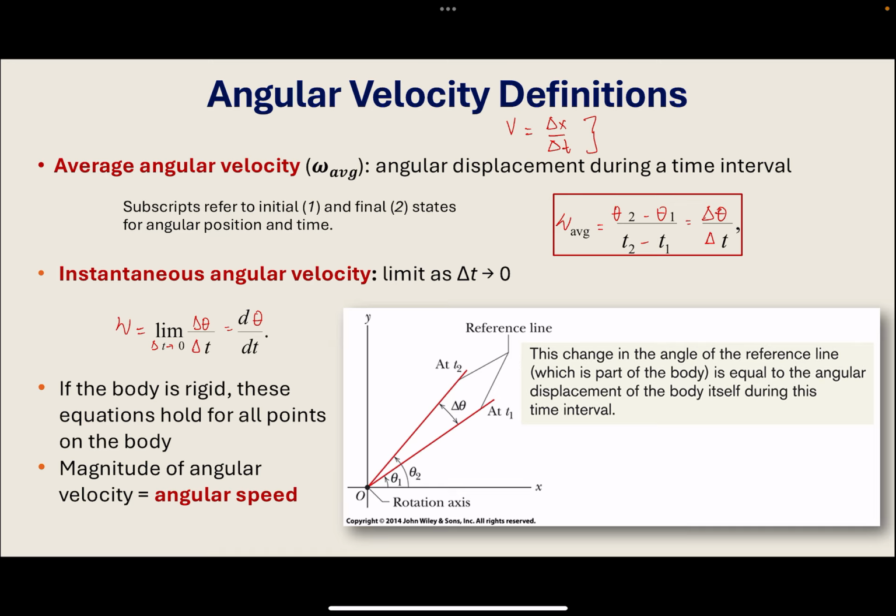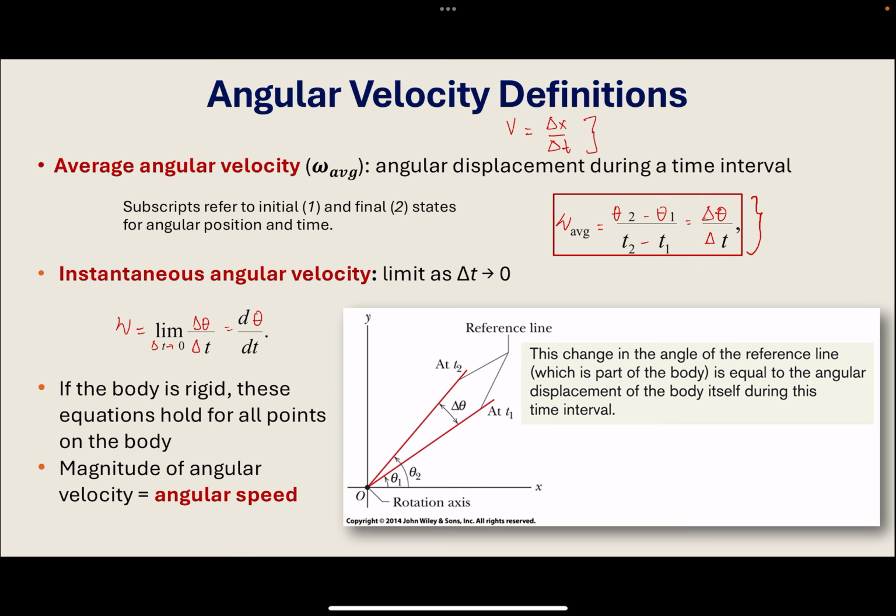So the average angular velocity is defined as omega average equals delta theta, theta 2 minus theta 1 per t2 minus t1, equals delta theta per delta t. This quantity tells us how fast an object changes its angular position over time.